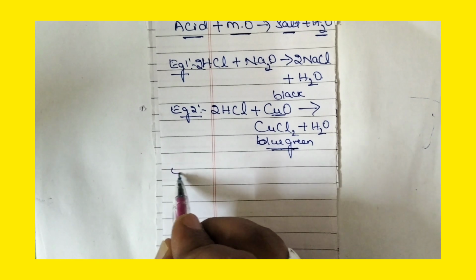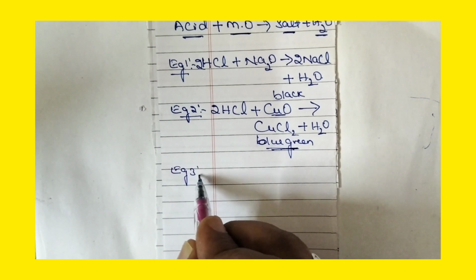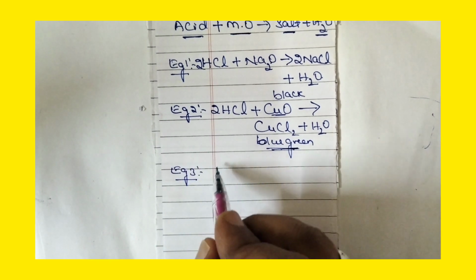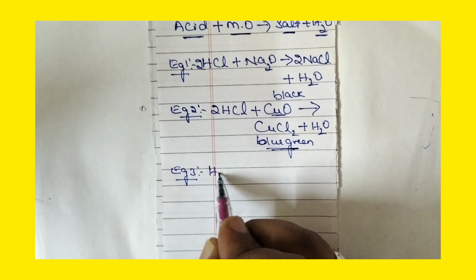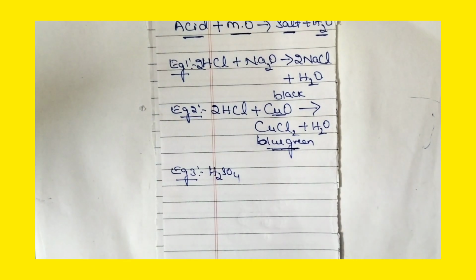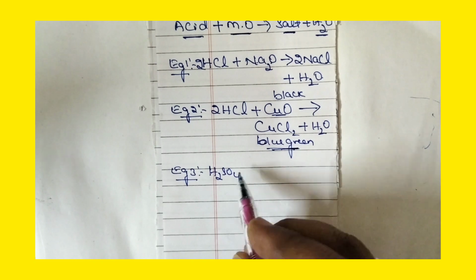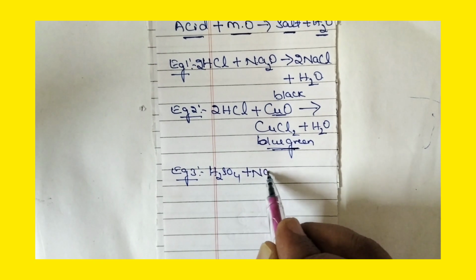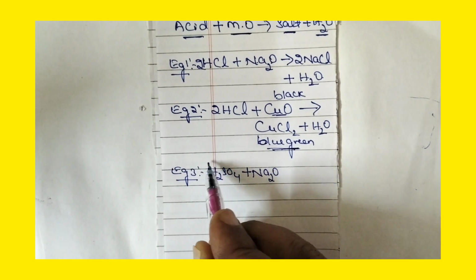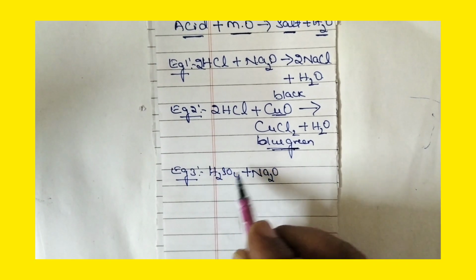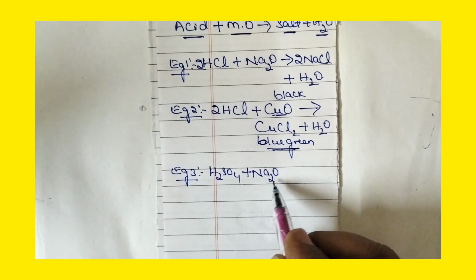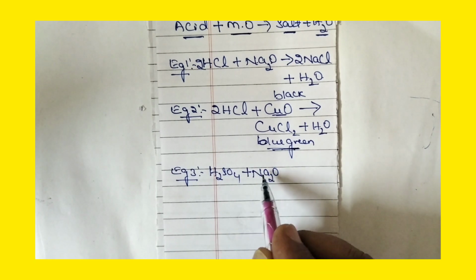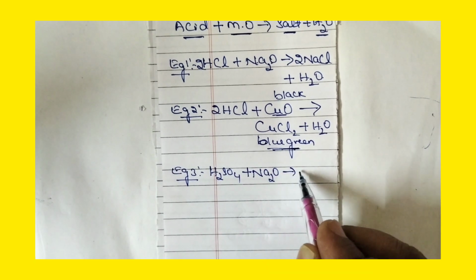Then I will take one more example, example 3. Here I will take H2SO4, which is called sulfuric acid. This sulfuric acid reacts with sodium oxide. So this is an acid, and this is a metallic oxide. When acid reacts with metallic oxide it forms a salt.